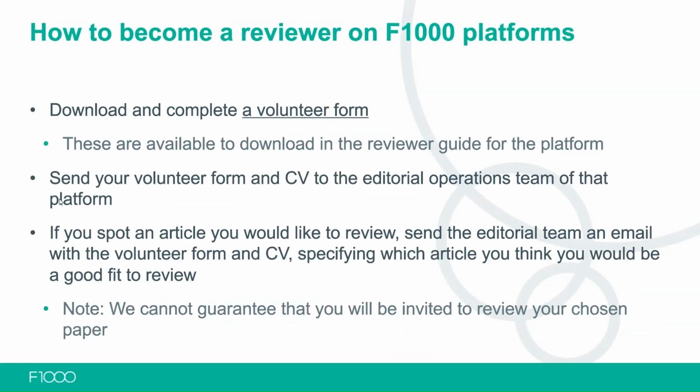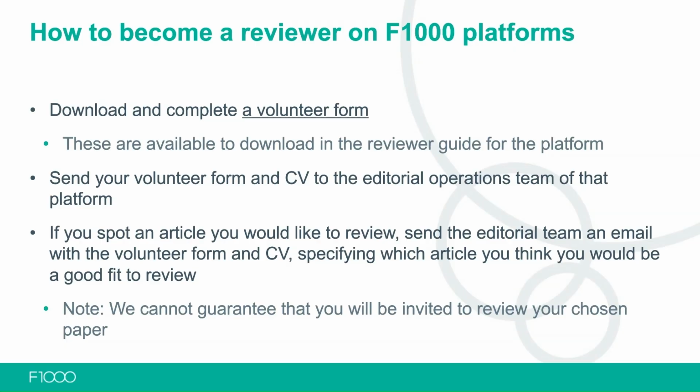If you're interested in becoming a reviewer for an F1000 platform, please download and complete a volunteer form and send it to the editorial email address of that particular platform. You'll find all of that relevant information down in the reviewer guidelines section of the F1000 platform that you're interested in reviewing for.